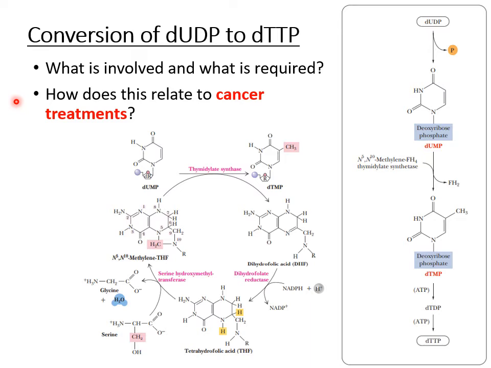I'm mainly going to focus in terms of what I want you to know in relation to cancer treatment. But for this slide, I do want to point out that a 1-carbon transfer is required for this process. So that's a term that you heard in previous slides. Ultimately, the reactions that you're going to see occurring here include the thymidylate synthase reaction, okay?